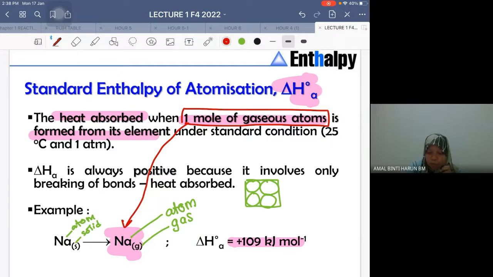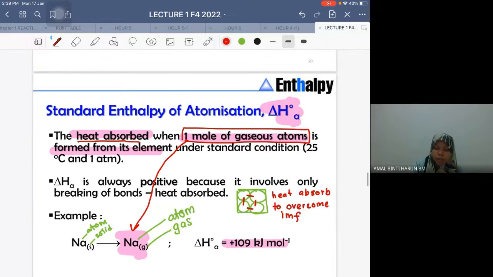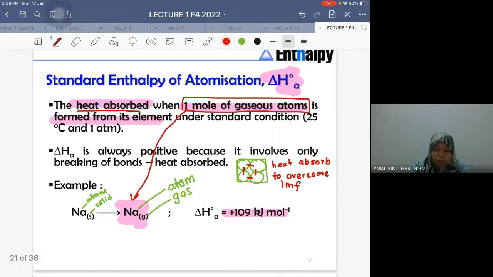So, antara dia ada intermolecular forces. Sebab apa dia absorb? Heat absorb untuk apa? Absorb to overcome IMF. Semester 1 kita dah belajar. Okay? So, bila dia overcome IMF, dia akan absorb. So, kita tahulah forever enthalpy of atomization, heat is absorbed.